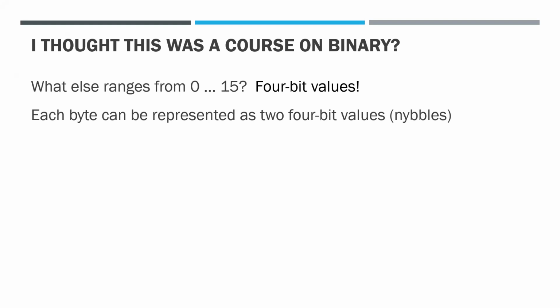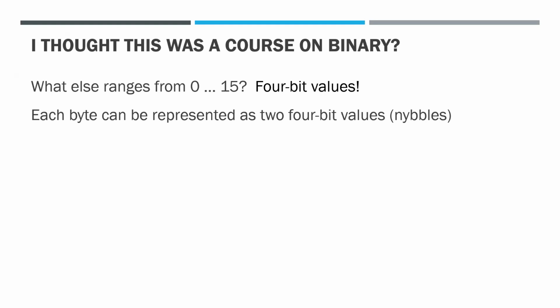Each byte is 8 bits. And each byte could be subdivided into 4-bit chunks. By the way, yes, we call them nibbles, right? So 8 bits is a byte, 4 bits is a nibble. Okay.